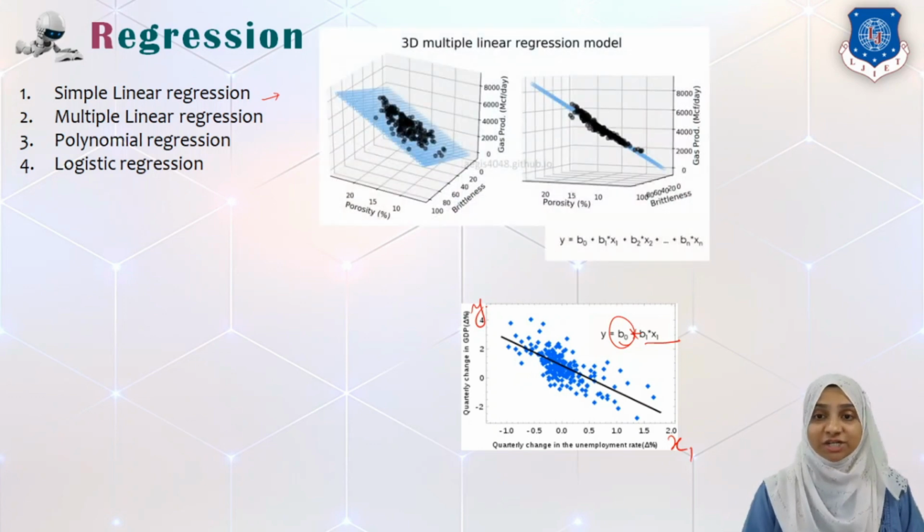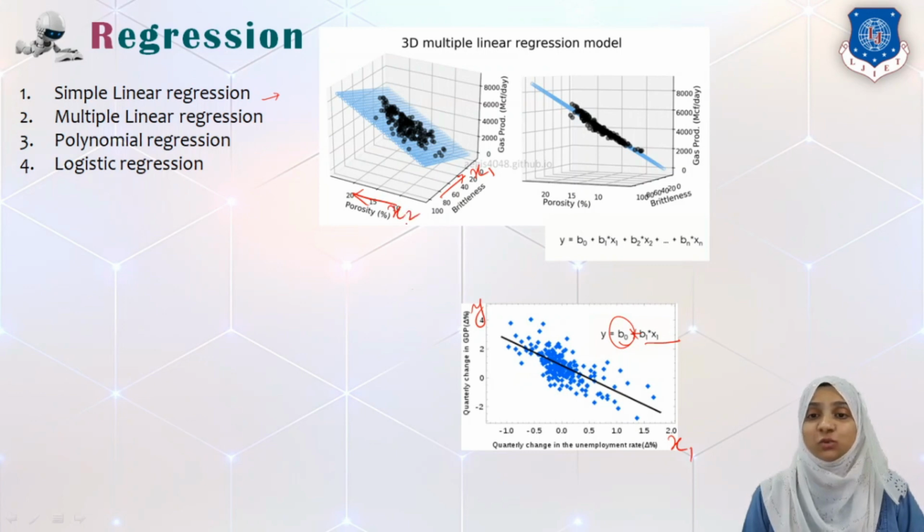This linear regression may support more than one dimension. That means we have more than one input points or independent variables. In this particular example, over this axis we have x1, over this axis we have the x2 variable.